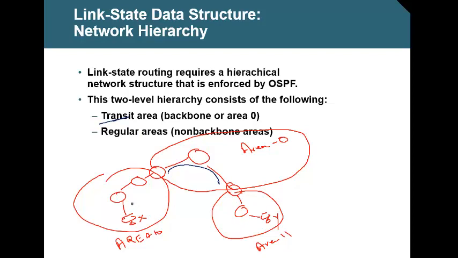Even if you have a direct connection like this, even if you have a wire like this, the packet won't go this way. Why? Area 10 routes will never be advertised through this link. Area 10 routes will go to area 11 only by area 0. That's the rule of OSPF.